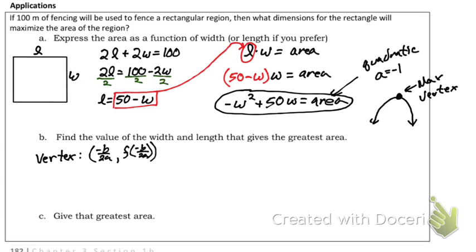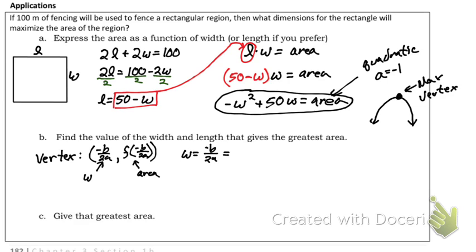Well, in this case, this is normally my x value, right? In this case, this will be my w. And this result right here will be my area. So w is just going to equal -b over 2a. That will maximize my value.